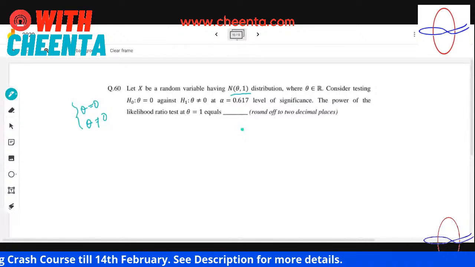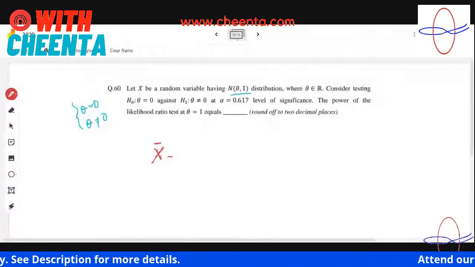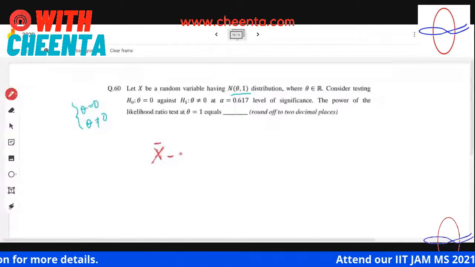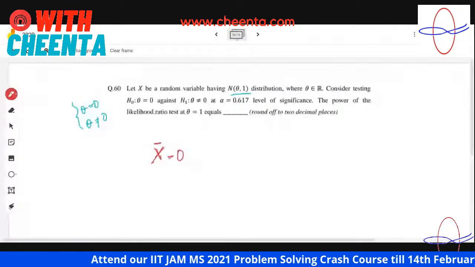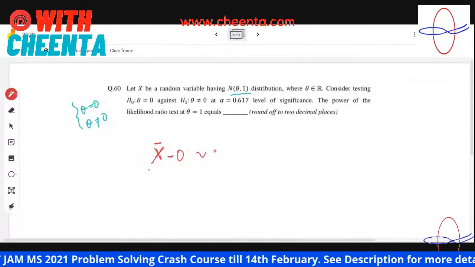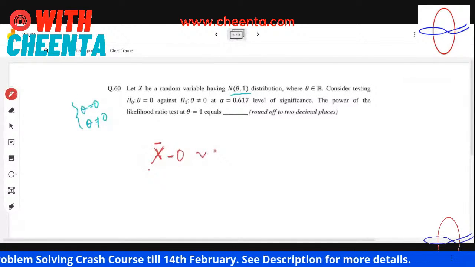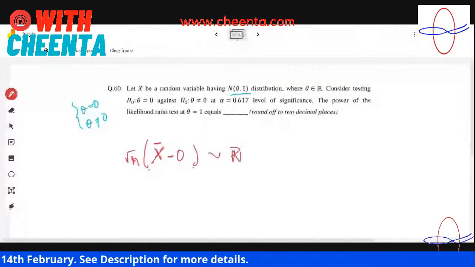It is X bar minus 0 by, X bar is normal with 0 comma 1 by n, so it will be root n, and it follows the normal 0 comma 1.